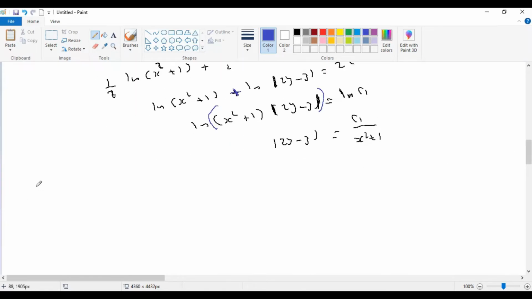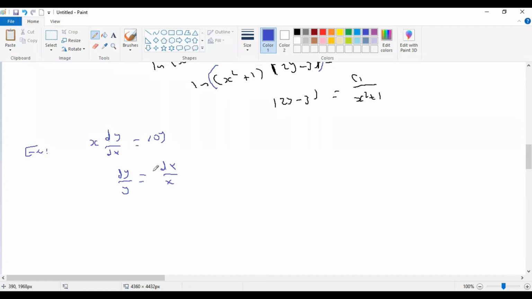And another example. If we have, for example, x dy equal to 10y dx. I can write it as dy divided by y equal to 10 dx over x. Then take the integral.